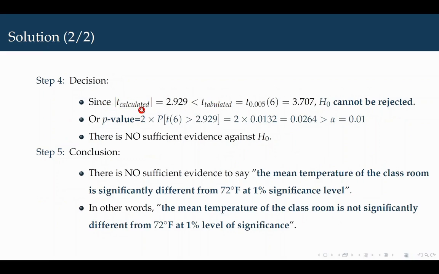So here the calculated value of the statistic is 2.929 in absolute value, which is less than the tabulated value. Therefore, H naught cannot be rejected.